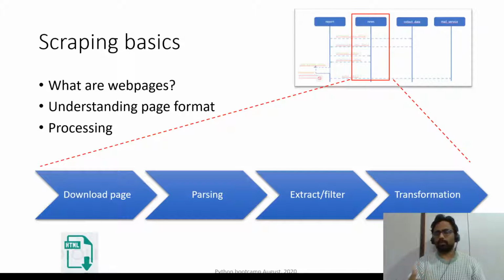Once you get used to that, you will understand how exactly the extraction and filtering happens. And then the final part is how we transform it. Here in our case, we are not transforming it to any kind of document. We are just putting it as simple text. In fact, we can transform it to any other format and make use of that. So that is about scraping.